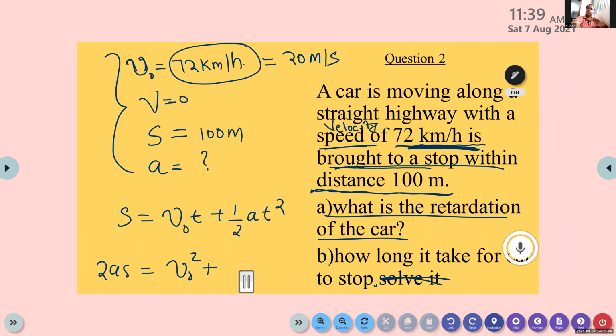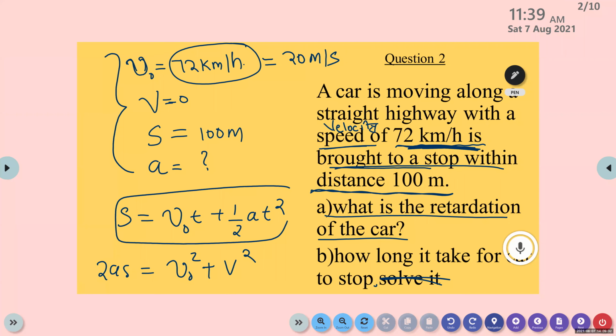Unfortunately, we cannot use the equation with time because the time is not given. So v square minus v0 square, right?